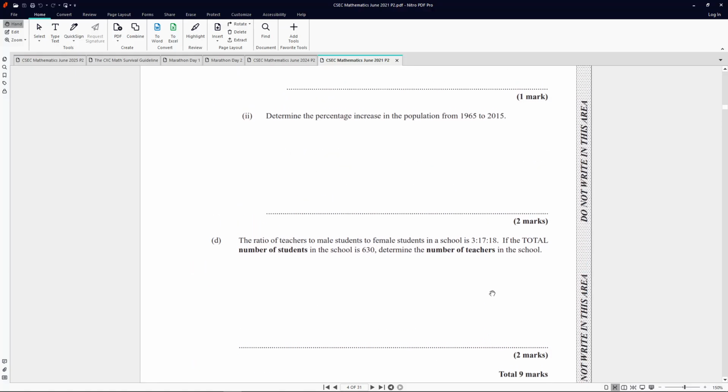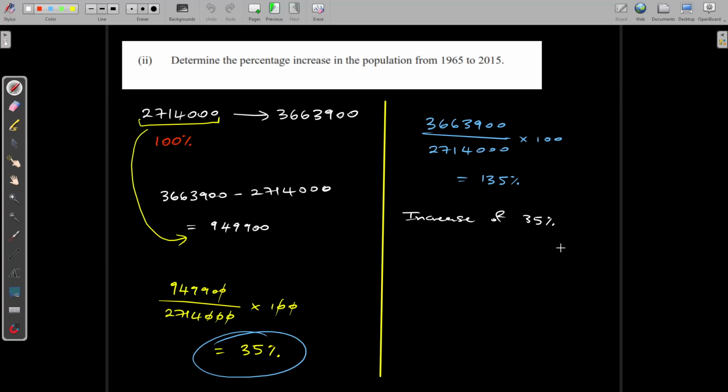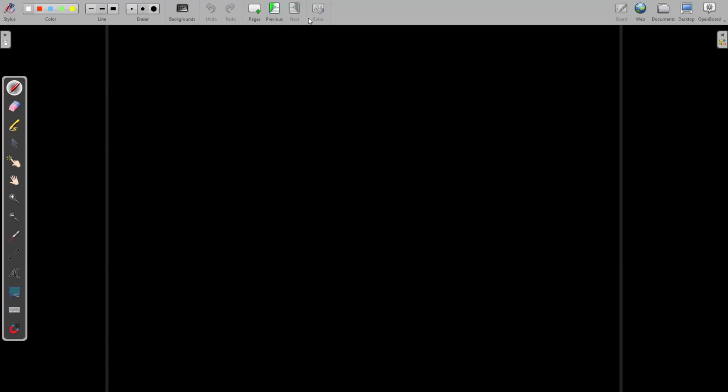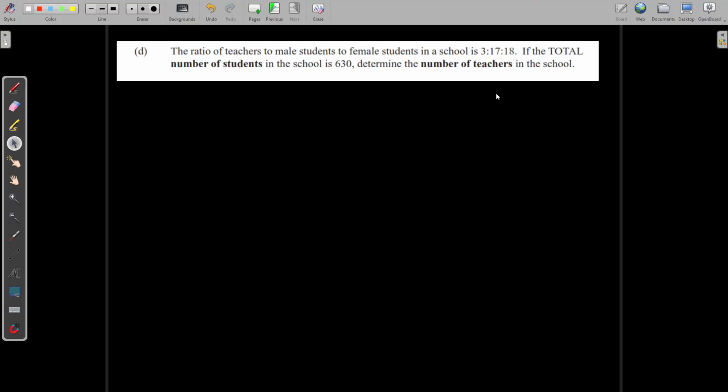Alright, so last part of this question. So the ratio of teachers to male students to female students in a school is 3 to 17 to 18.